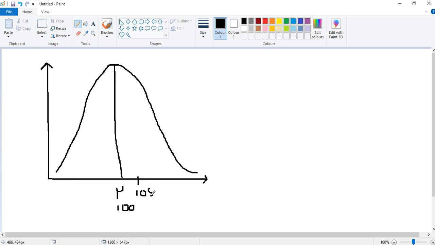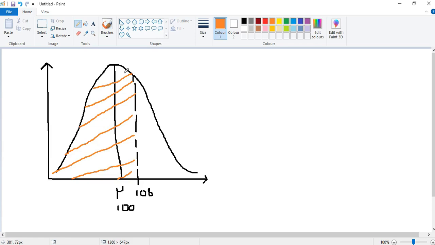That means it's covering the area up to here. This is what they are looking for. What proportion out of the total population is represented below 108? That is what is represented by this orange line.